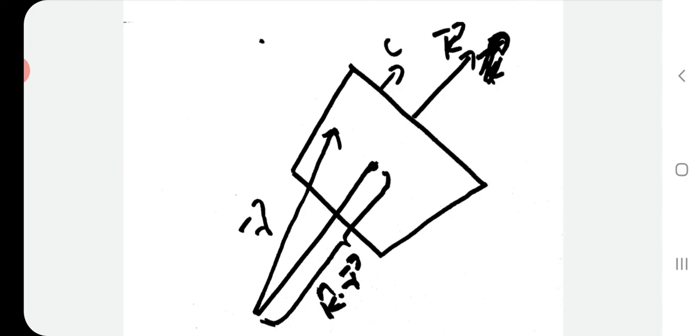Then we can see the k dot r. What is k dot r? Unit vector k dot r, that we know. This is just to obtain an idea about what is k, what is r, and what is the plane, etc.